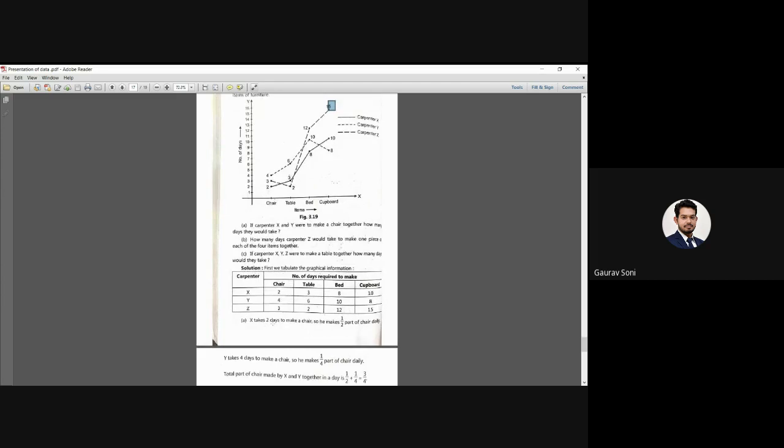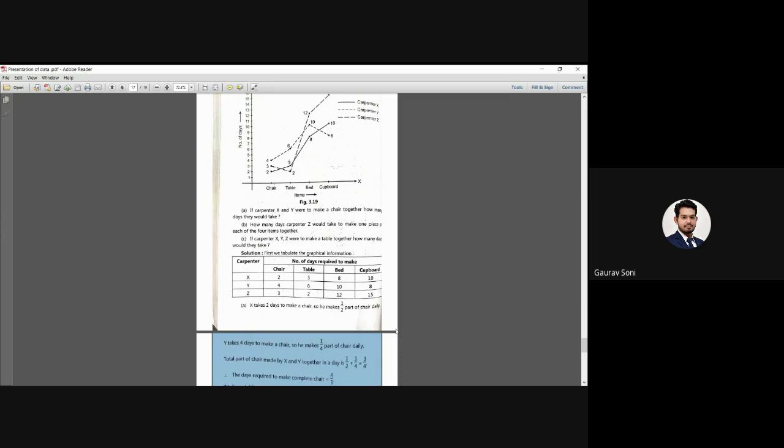So X takes 2 days to make a chair, so he'll make 1/2 chair a day, right? And Y takes 4 days to make a chair, so he'll make 1/4 part of a chair daily. So in a single day, if both of them are working together, the efficiency of the first carpenter and the efficiency of the second, totally 3/4.